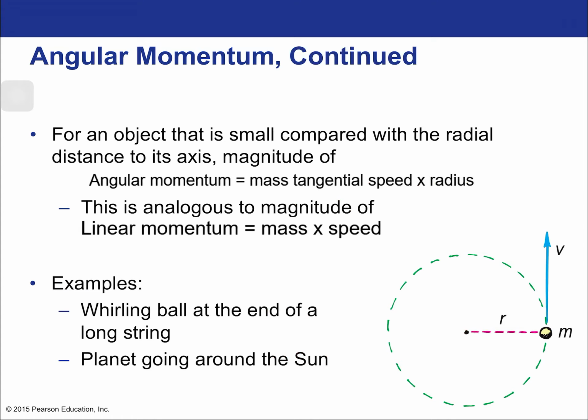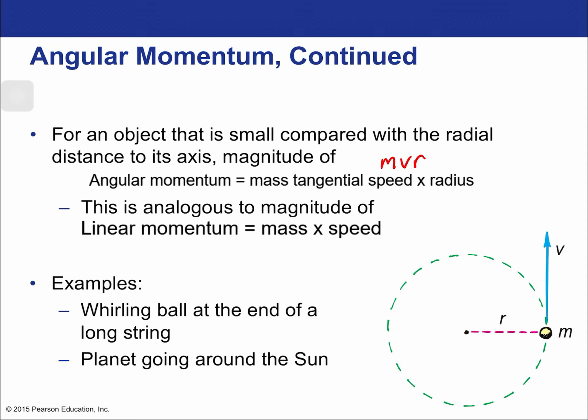Okay? For an object that is small compared with the radial distance to its axis, the magnitude of angular momentum equals mass times tangential speed times radius. All right? So this is analogous to the magnitude of linear momentum, which is just mass times speed. So that would be mvr.